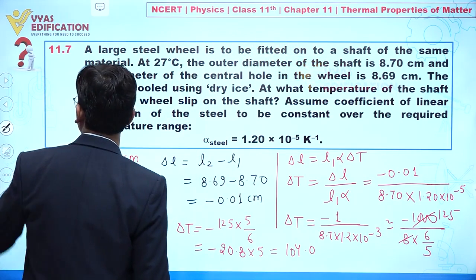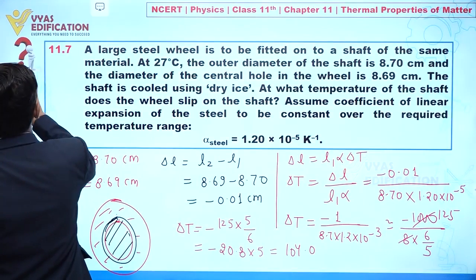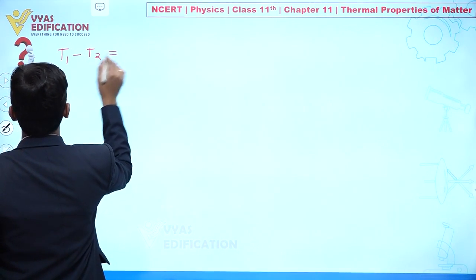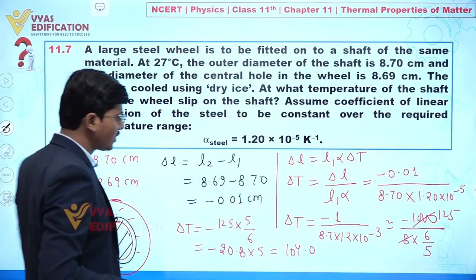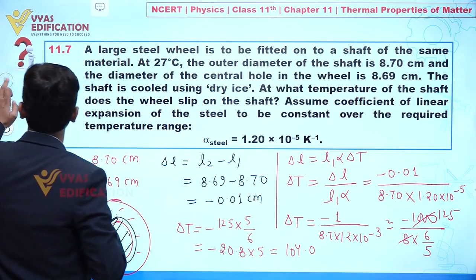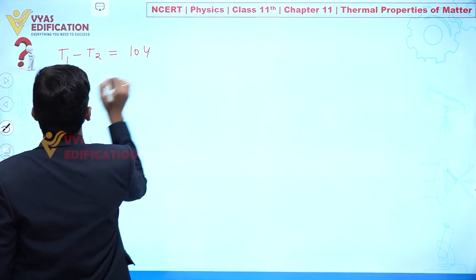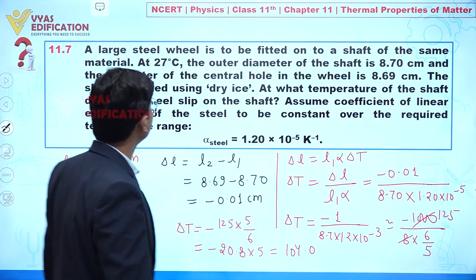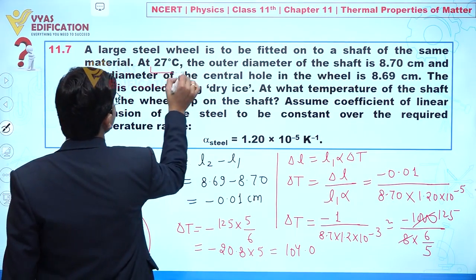Now what is our objective? Our objective is to calculate the temperature. Temperature is given by T1 minus T2, and this should be equal to 104, approximating this value. The initial temperature is given to you as 27 degree Celsius.